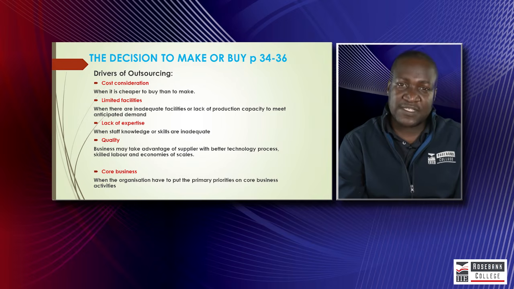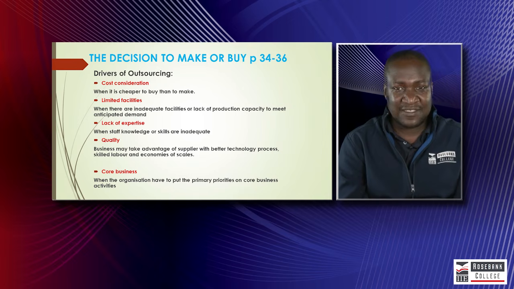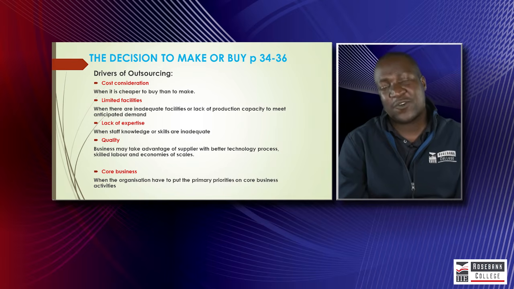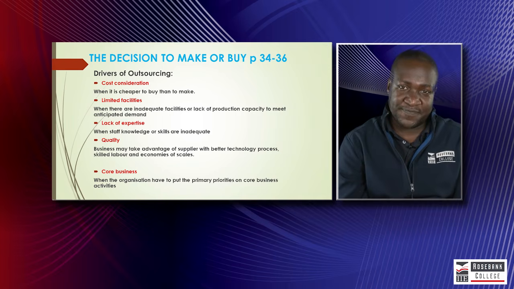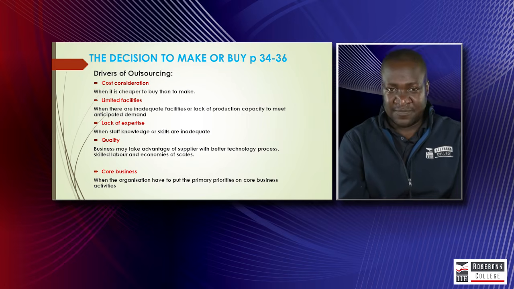The next one is quality, where a business may take advantage of suppliers with better technology processes, skilled labor, and economies of scale. The next one is core business, when the organization has to put primary priorities on core business activities.